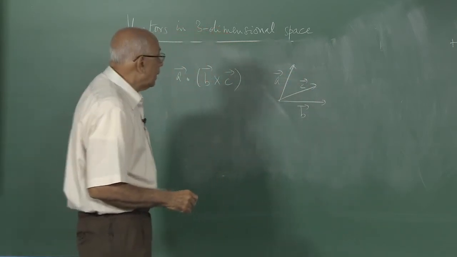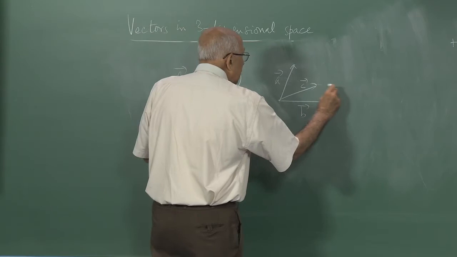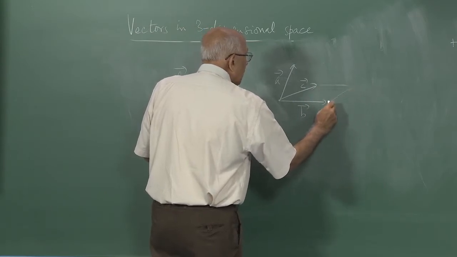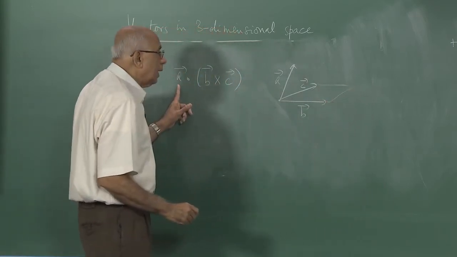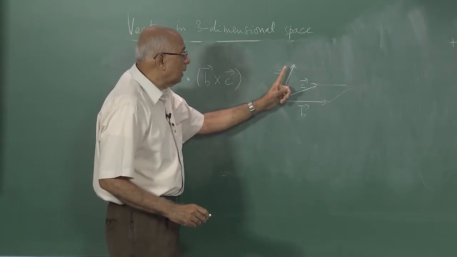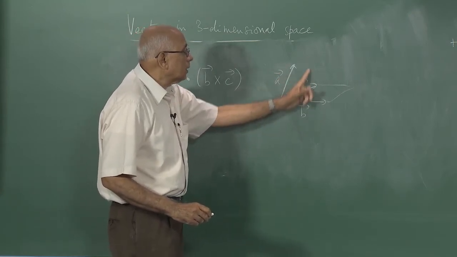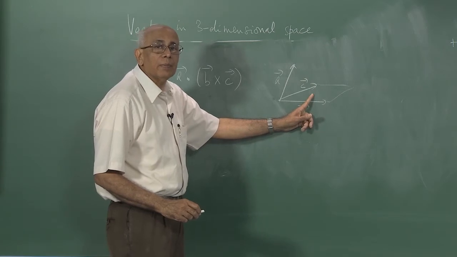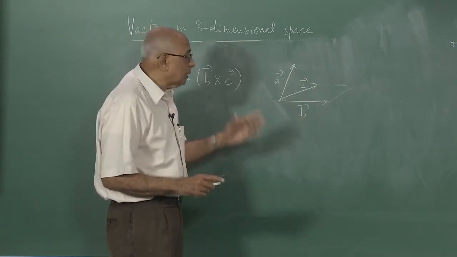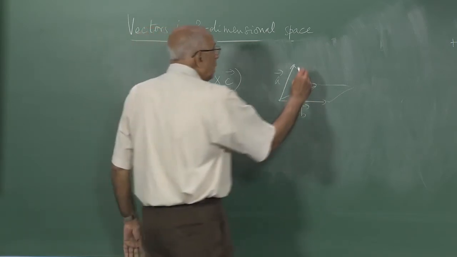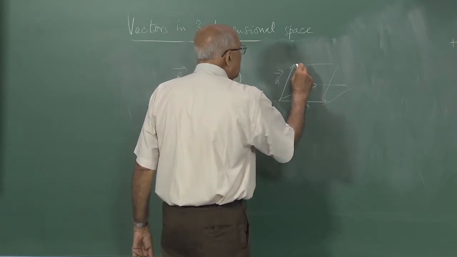so here is A, here is B and that vector is C going into the board a little bit, then B cross C, as you know, is the area of this parallelogram, and you are dotting it with A, which means you are taking the projection of A along the direction normal to this parallelogram. But that in magnitude is precisely the volume of a parallelepiped formed from these vectors.